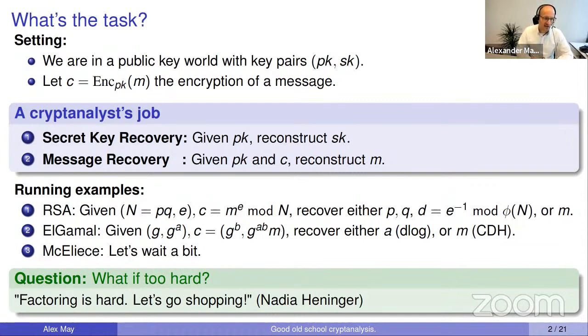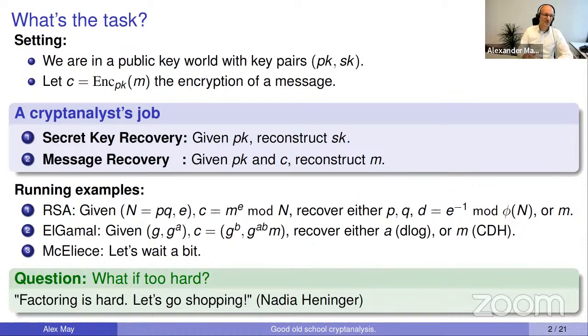In the last half of this talk, I will talk about McEliece, but let's wait a bit. I cannot define in one line what a public key and a secret key in McEliece is, but we will also look at partial key exposures there. So the cryptanalyst's job, given a public key, reconstruct the secret key or the message, can be really hard.